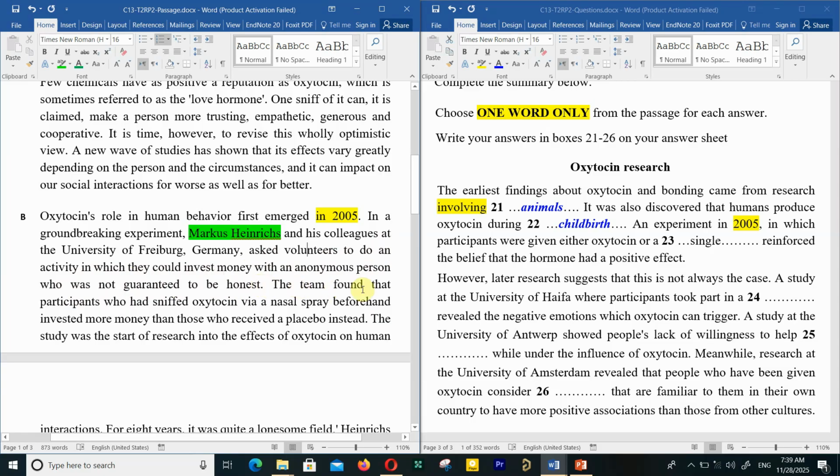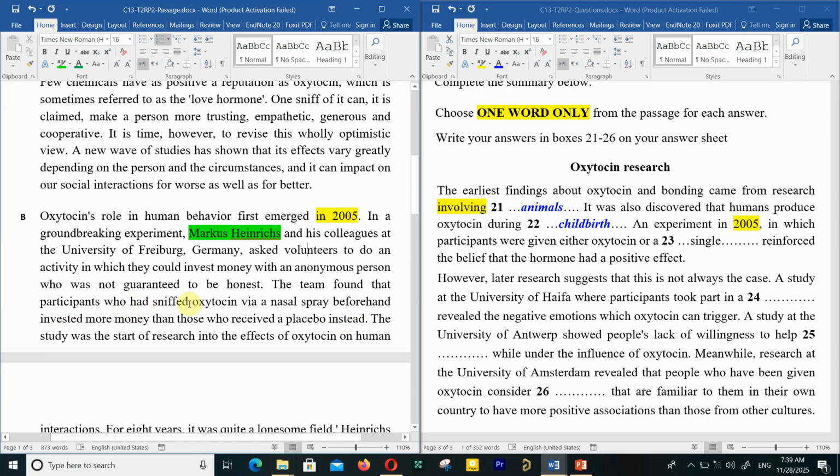The team found that participants who had sniffed oxytocin via a nasal spray beforehand invested more money than those who received a placebo instead.